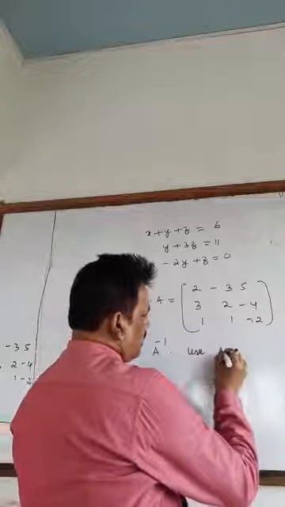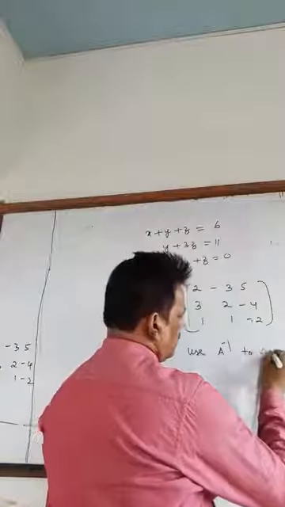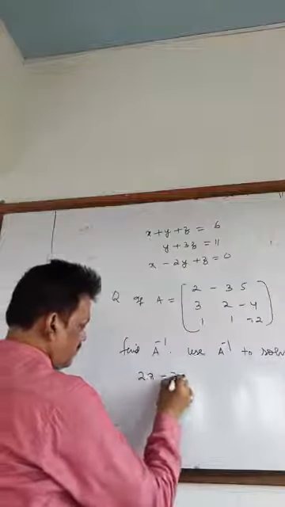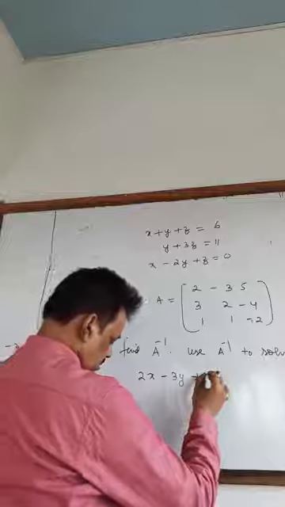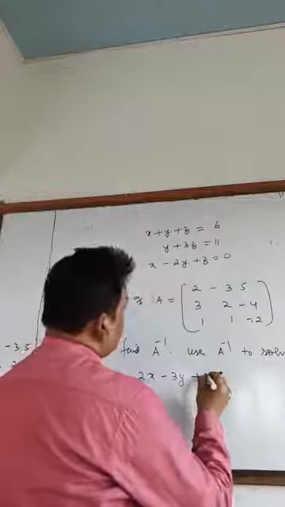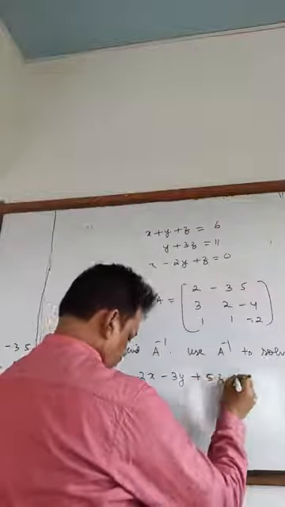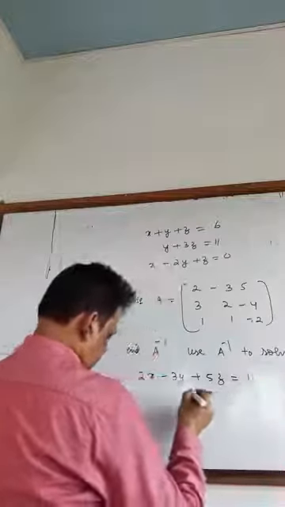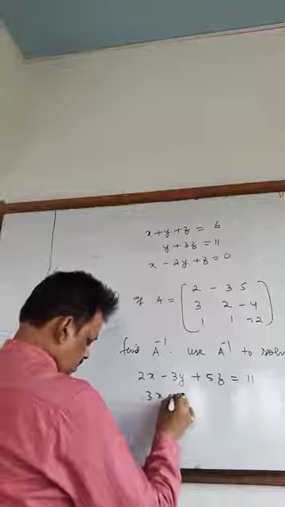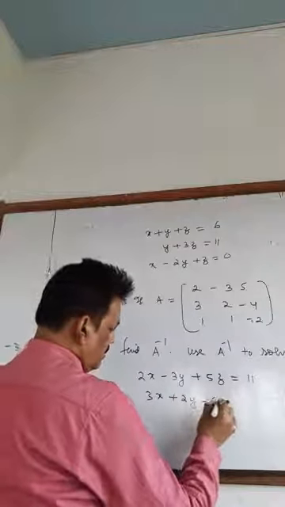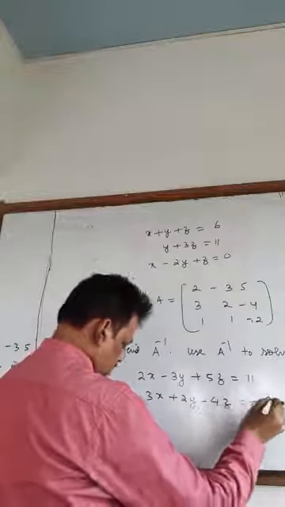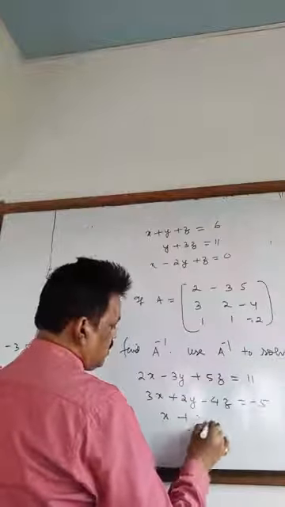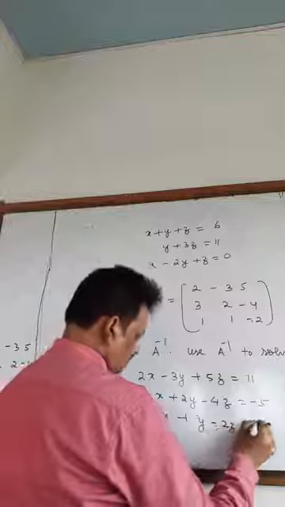Use A inverse to solve the equations: 2x minus 3y plus 5z equals to 11, 3x plus 2y minus 4z equals to minus 5, and x plus y minus 2z equals to minus 3.